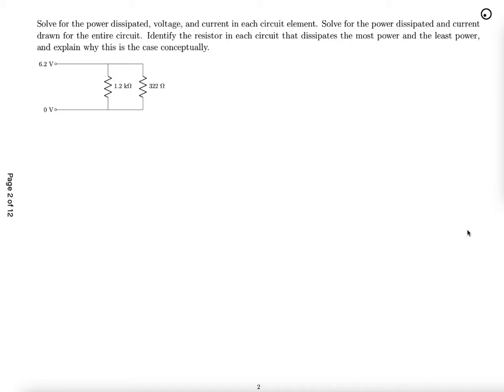Same question, but now we have two resistors in parallel, 1.2K and 322 ohm. Both are, of course, on the same supply, which is 6.2 volts to 0 volts. We begin the same way, making this into a single effective resistor.